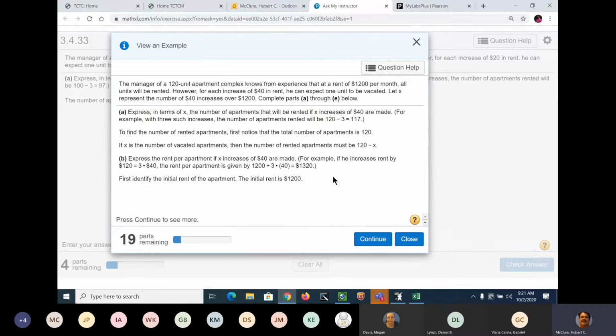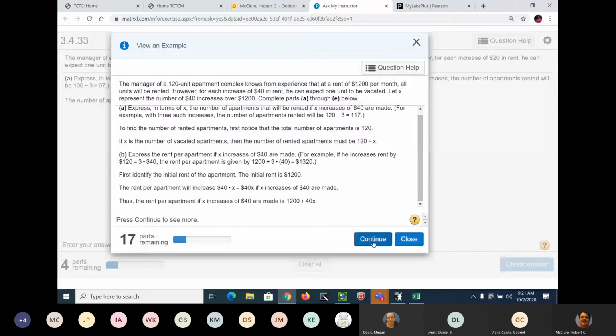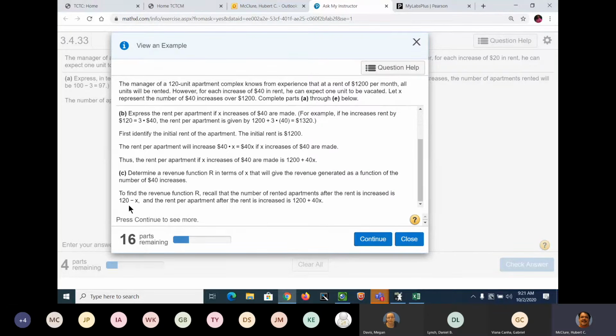So unless they multiply, okay, they're multiplying by 40 here. There's the other, 1,200 plus 40x. Okay, just give me a second. I'm looking to see what they're doing here. There are the 2 equations, and you're going to multiply those 2 equations.